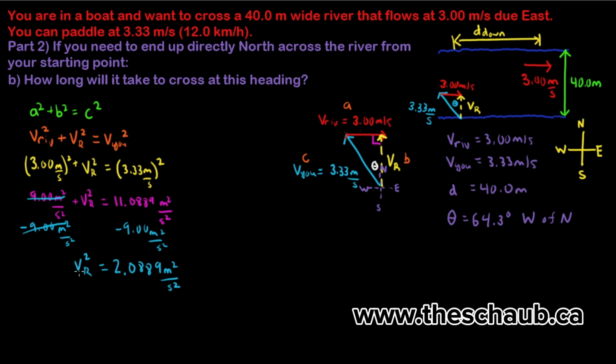And finally, to get our resultant velocity, we need to take the square root of both sides. So on this side, our square root and our square disappear, leaving us with our resultant velocity, 1.4453 meters per second, and we keep a few extra decimal points to avoid rounding errors.